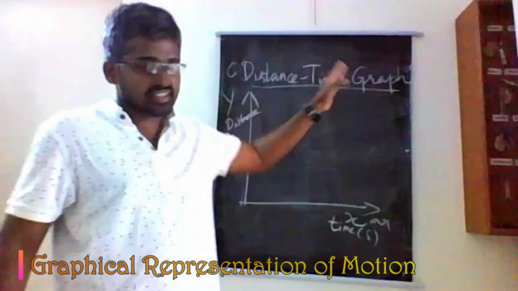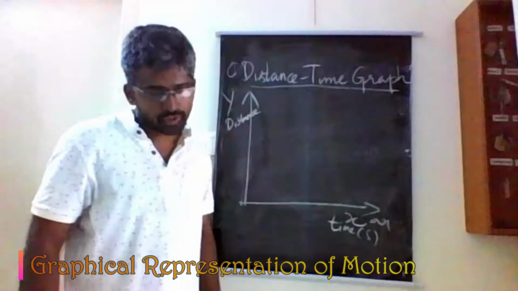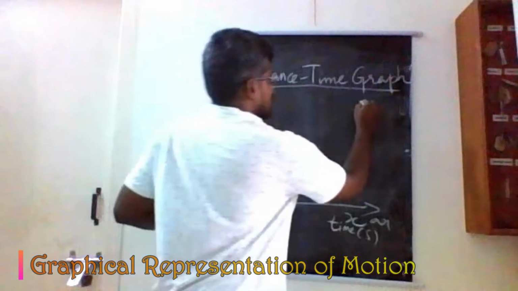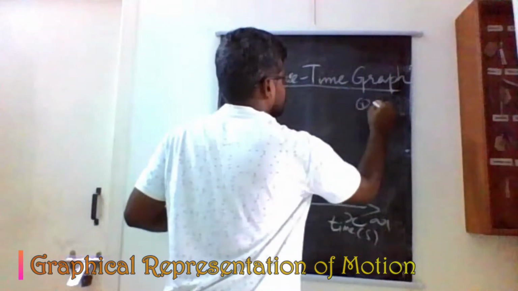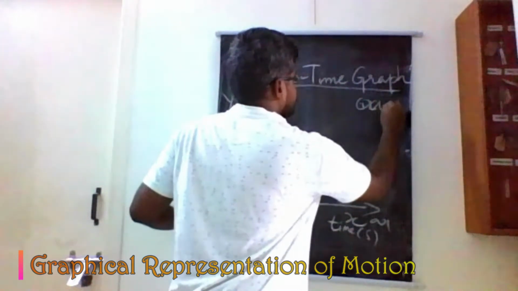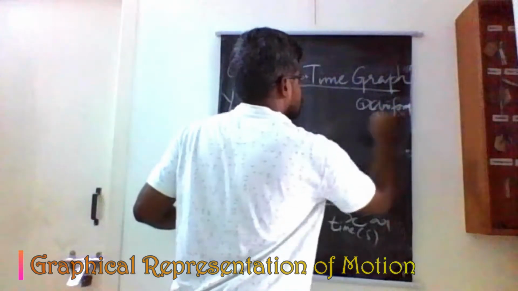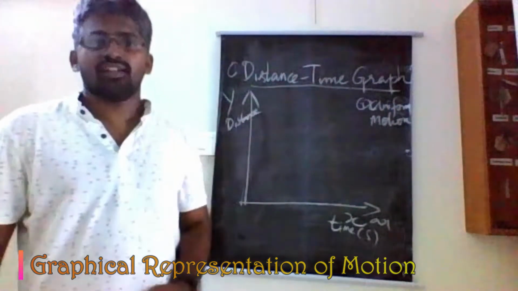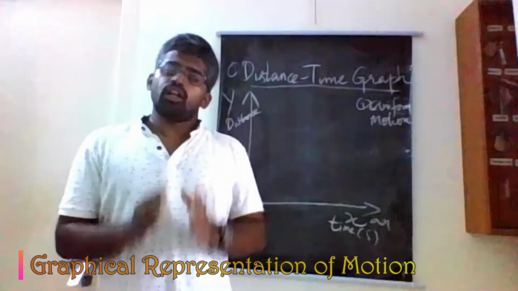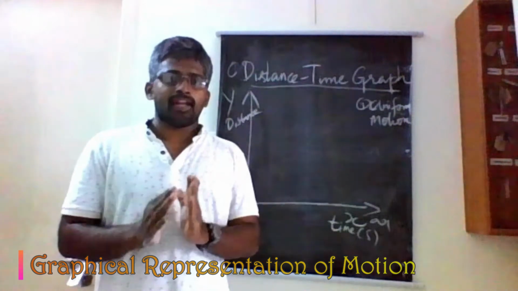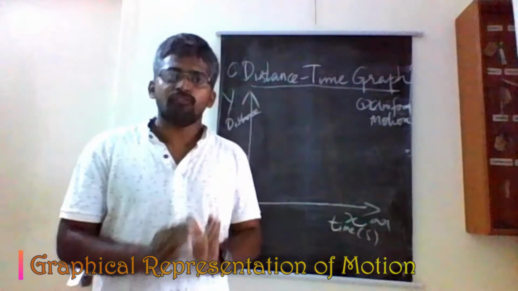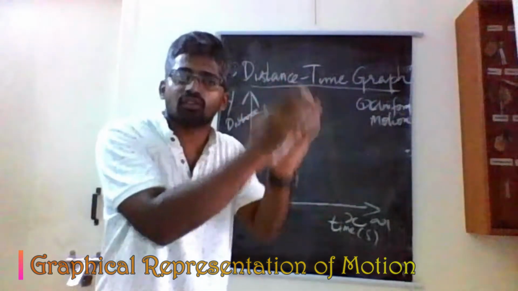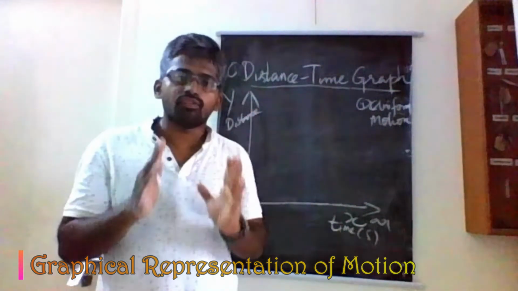So in the distance time graph, first we are going to see constant speed, uniform motion. What is uniform motion? Uniform motion means a person or a vehicle which covers equal distances in equal intervals of time. That is called uniform motion.